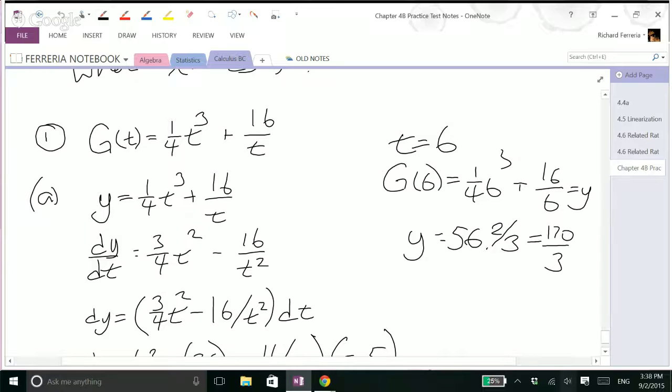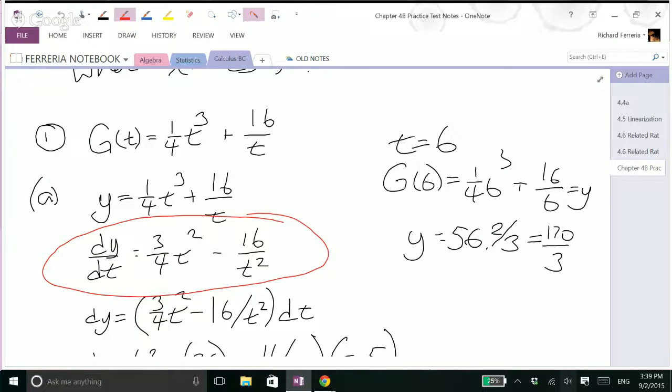So we start off with this equation right here. g of t equals 1/4 t cubed plus 16 over t. The first part is they give you t and they give you a differential value for dt, and you're supposed to find the value for dy. That turns out to be not that difficult. If this is my y, then you just need to find the derivative to get dy dt.